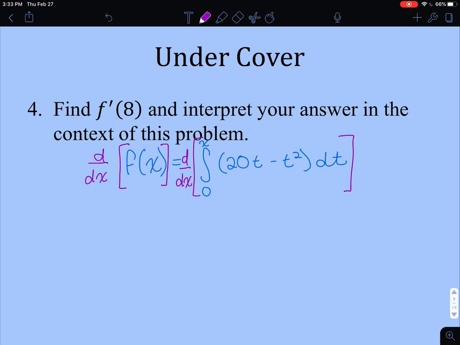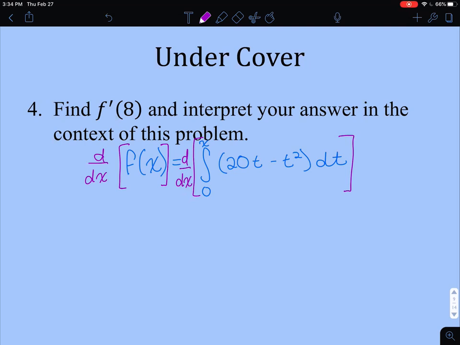Now, we've already somewhat talked about this when we started this unit, that the point of calculus was to analyze not just how quickly something changes, so derivatives, the instantaneous rate of change, but also the accumulation of that change over time. This naturally makes derivatives and integrals inverse operations.